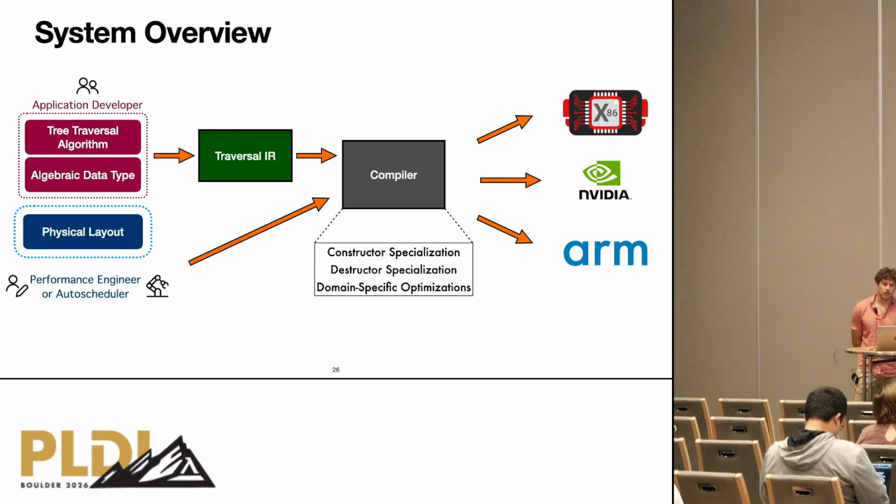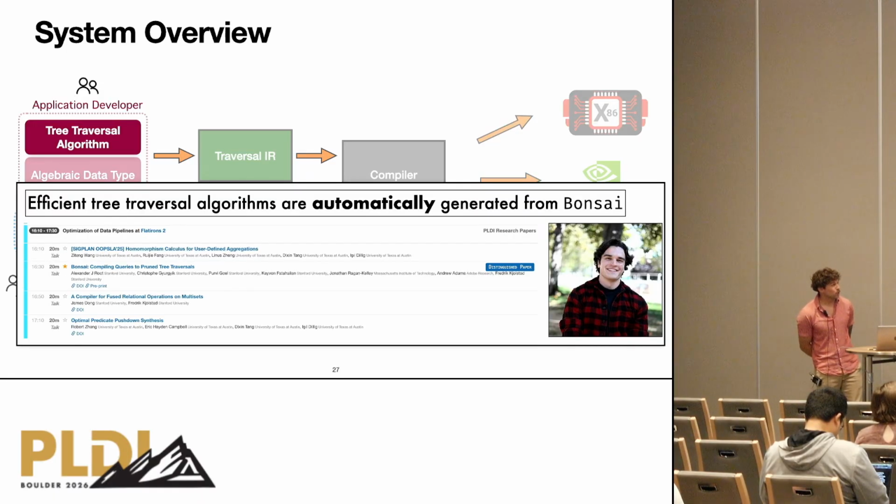And finally, we generate code for 3 different targets: x86, NVIDIA, and ARM. And I think one of the really cool parts about this work is that every tree traversal algorithm we use in this paper was automatically generated from Bonsai using high-level set queries. And if you're interested in this or in mechanization of pruning tree traversals, you should go see AJ's talk on Friday at 4:30 p.m.